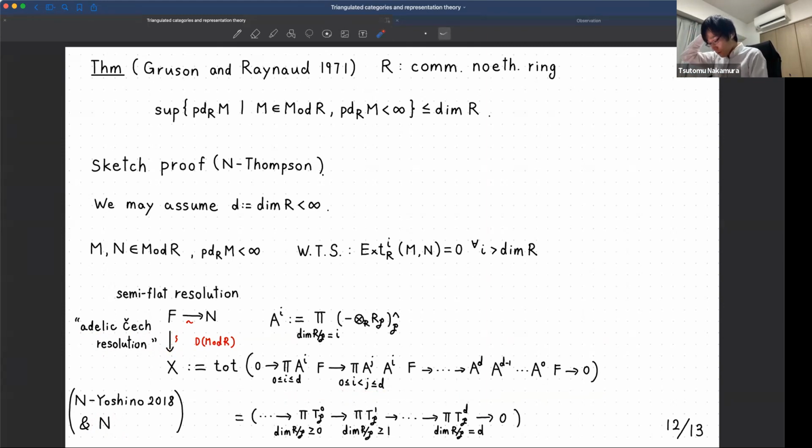And once we obtain such a construction, then we can understand what X is. And using Enochs' notation, X can be written in this way.